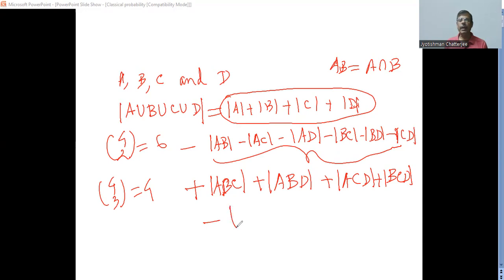There will be only one, and the sign will be negative. ABCD. That's the exact form here. That is the formula. All right. Now, let us move on to the session that we are supposed to cover today. Let me clear this drawing.